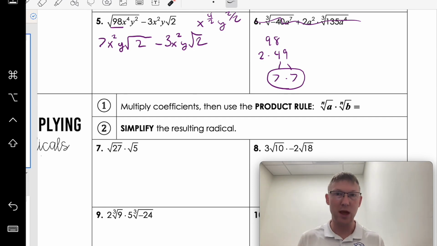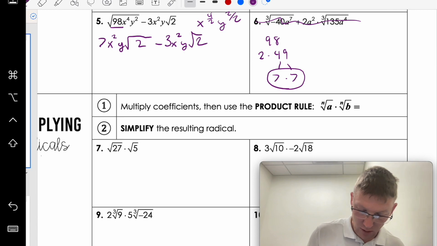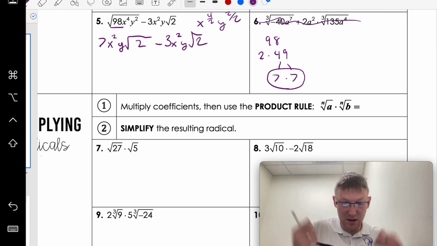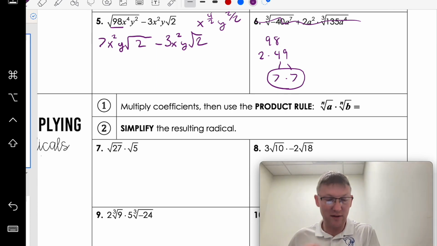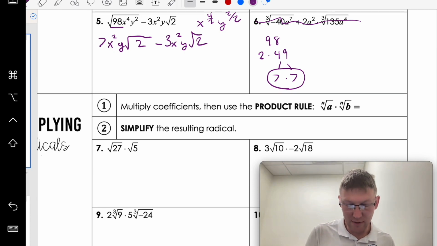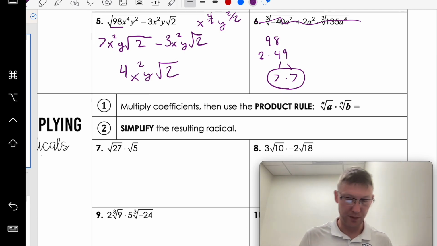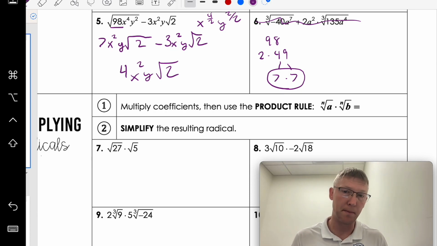They have to be exactly the same. So we're going to start combining them. So it's just 7 times this big fat variable minus 3 times the same big fat variable. So we're going to do 7 minus 3, which is 4. Sure. 4x squared y root 2. And that is your final answer.